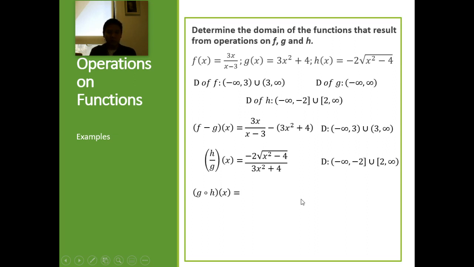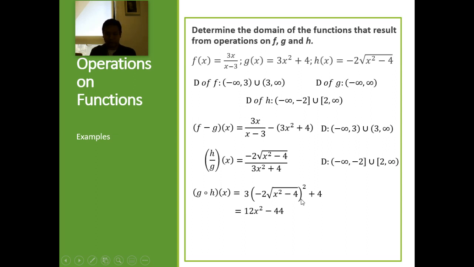But we just have to make sure that whenever we consider the domain, when it's composition, the restriction should carry over the composition. So if we do the composition, we get this function here, 3 times negative 2 squared of x squared minus 4. That leaves us with 12x squared minus 44, simplified.